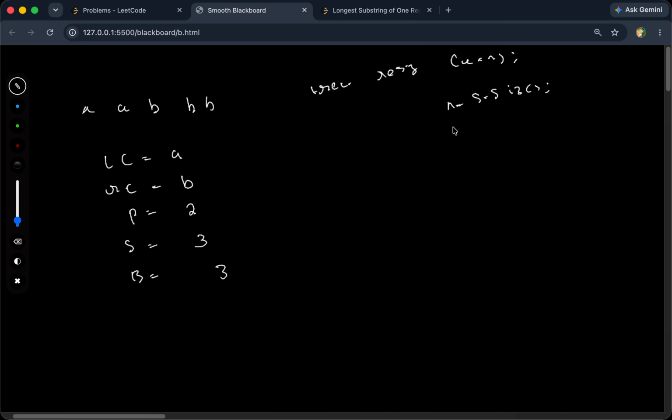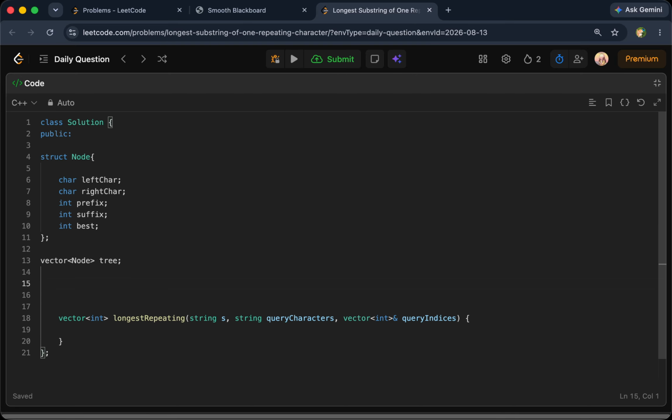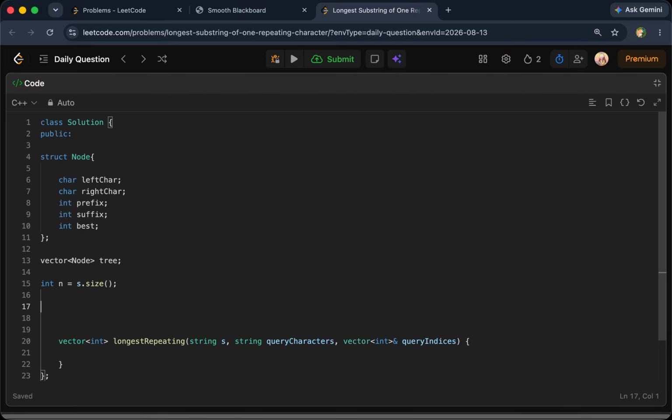So let me write here. n is equal to s dot size, tree dot resize 4 into n.